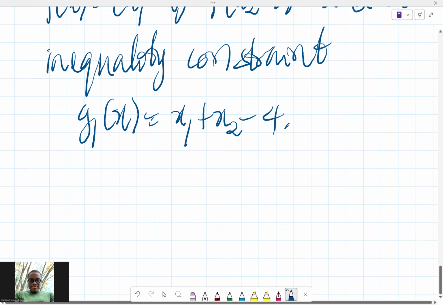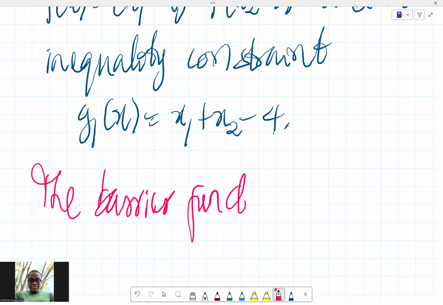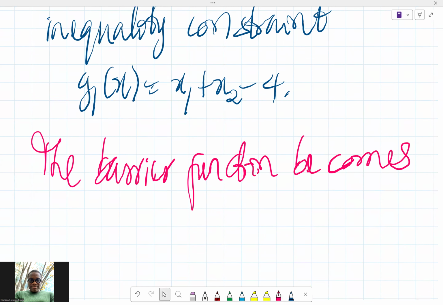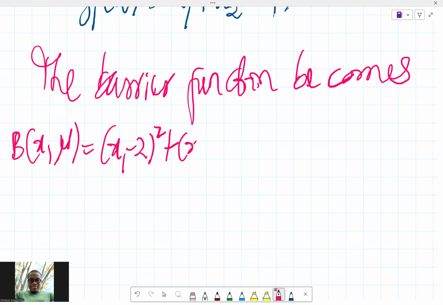Okay, so from there, the barrier function becomes b of x comma mu, and that is equal to x1 minus 2 squared plus x2 minus 3 squared minus mu log 4.